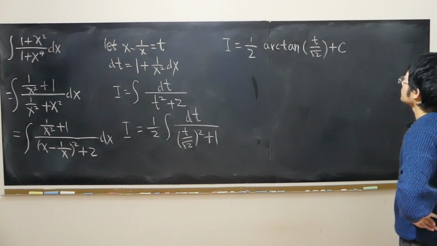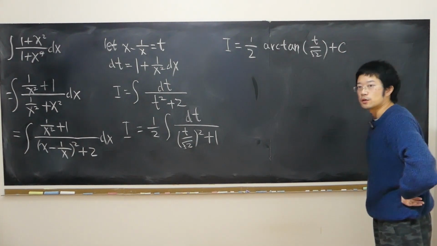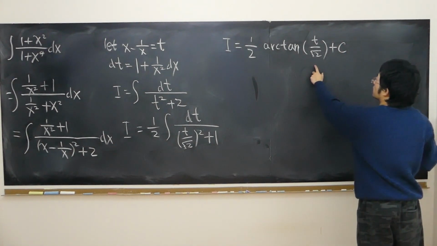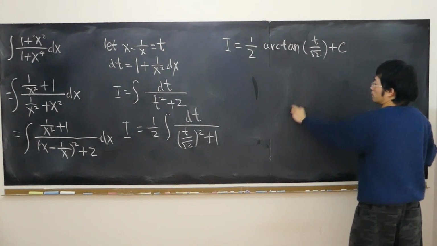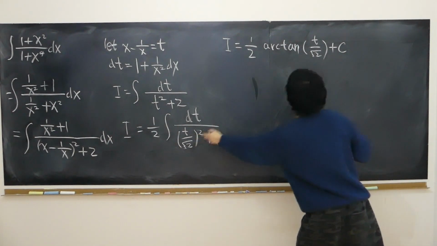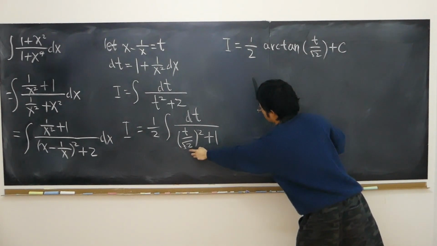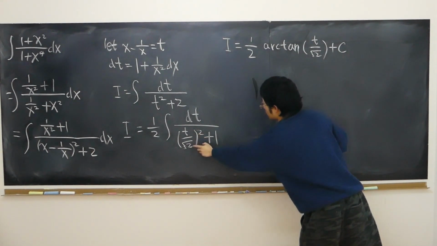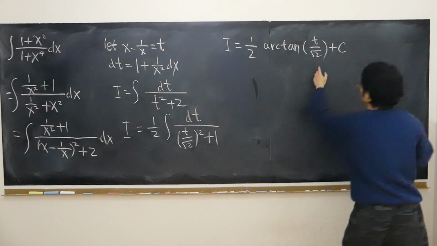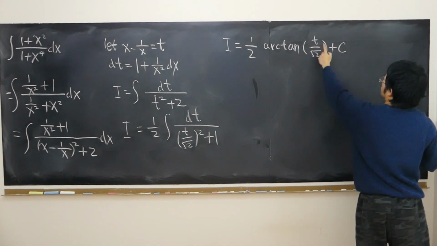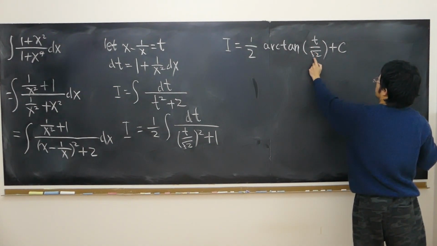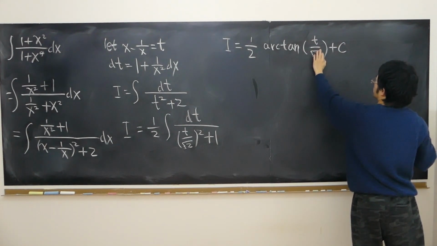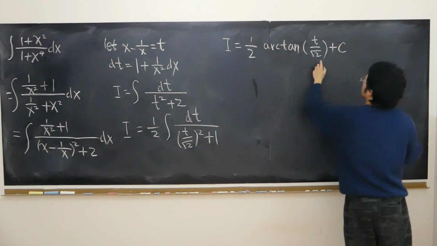If we differentiate arctangent of t over square root of 2, we would get 1 over (t over square root of 2) squared plus 1. Then using the chain rule I have to differentiate this quantity, so a constant coefficient comes out here.